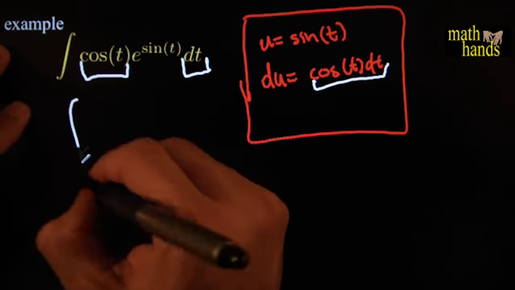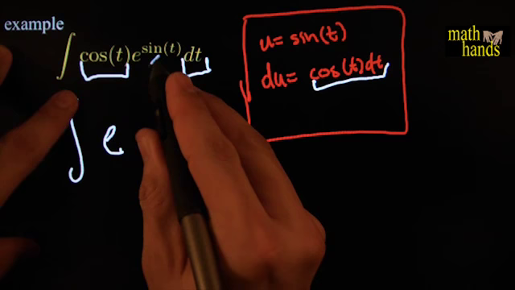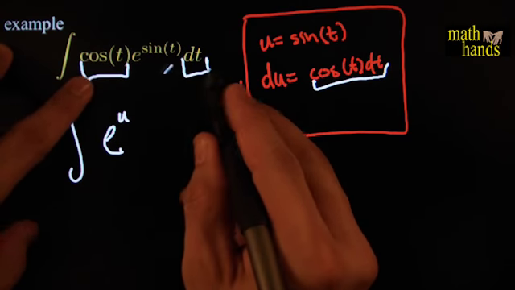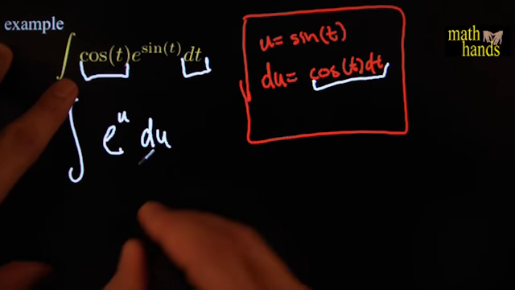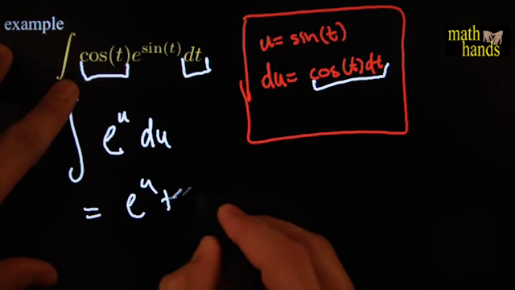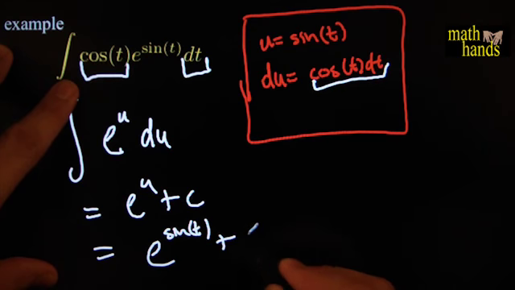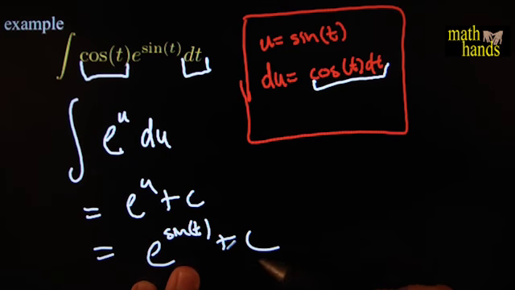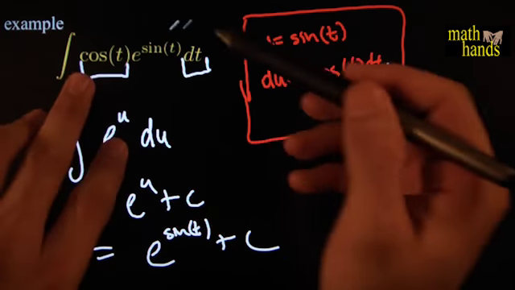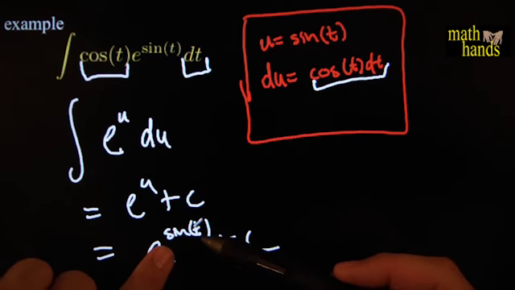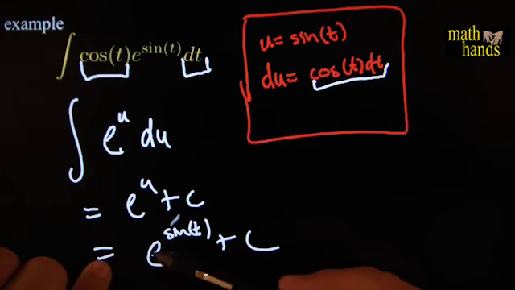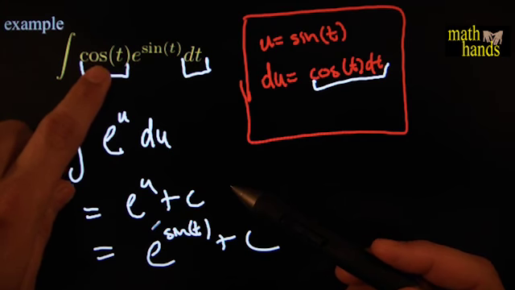That would make this integral e to the u, and this part right here can be exchanged for a du, which of course would be e to the u plus c, which of course would be e to the sine t, and you'd be done. And you can take the derivative of this, check it, and you see you get that, because the derivative of e to the stuff would be e to the stuff times the derivative of stuff, leaving you exactly that.